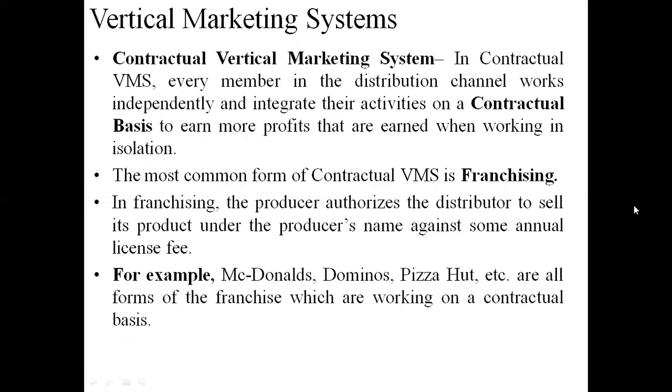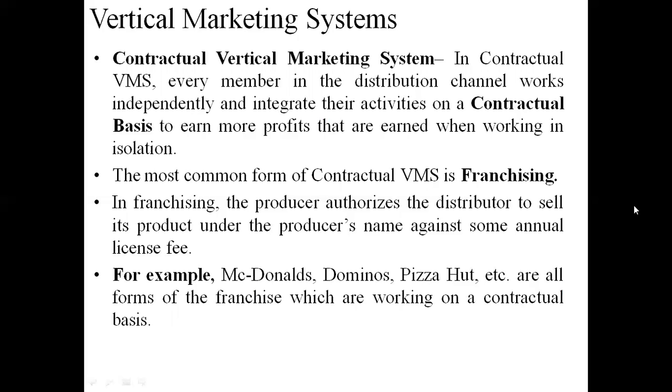So under this contractual marketing system, the pieces of distribution channels continue to operate as individual entities. The business enters into a contractual relationship with other elements in the distribution channels, with their respective obligations and benefits spelled out ahead of time, like franchisee, if you see here.